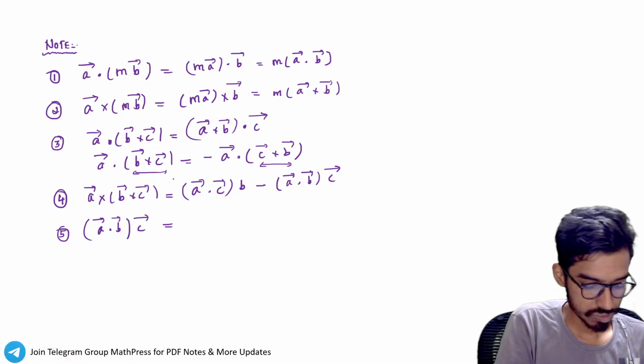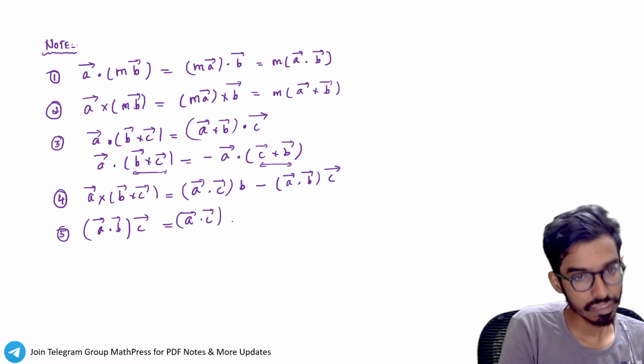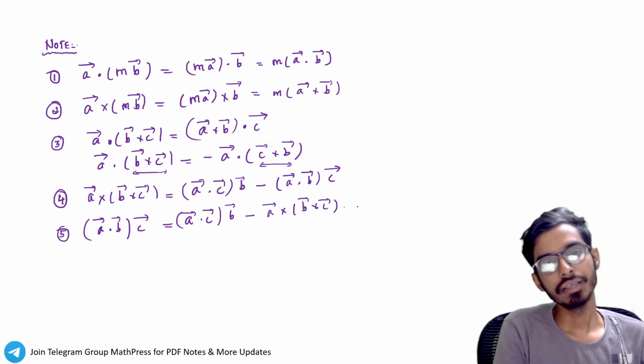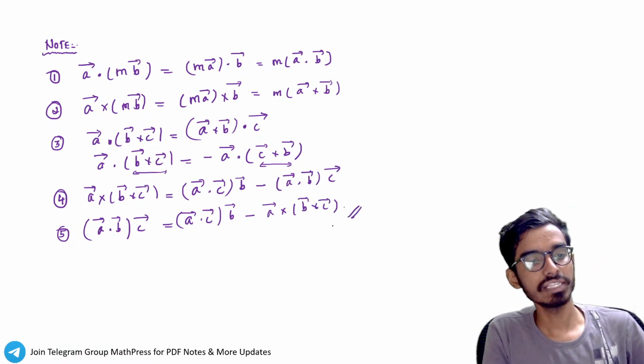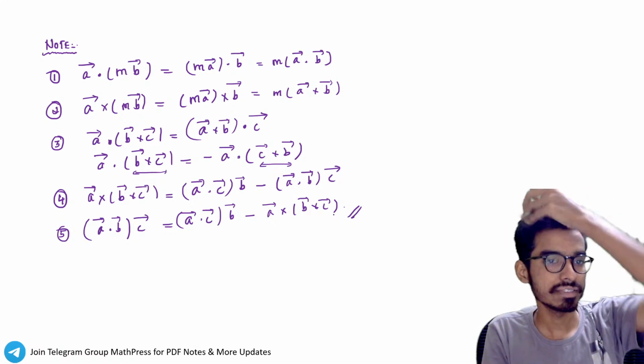A dot b into c vector is the same as a dot c into b vector minus a cross b cross c, right? So you just have to memorize these five formulas in order to prove vector identities.